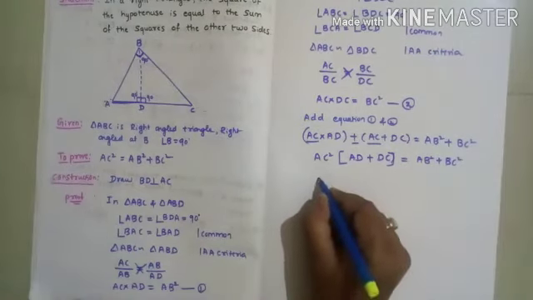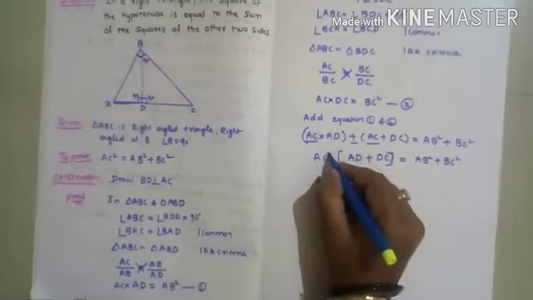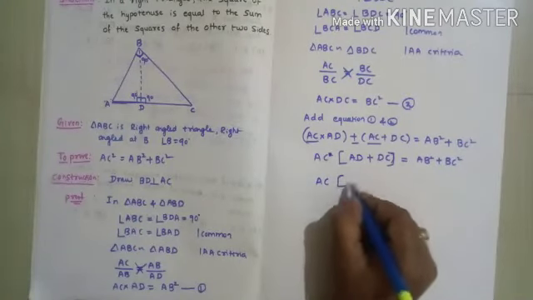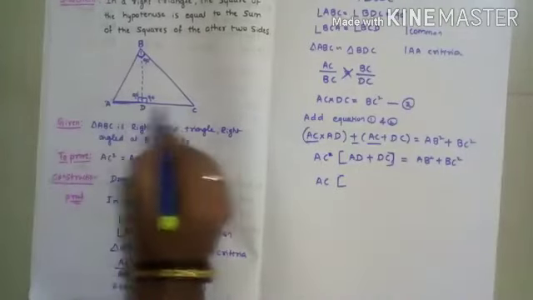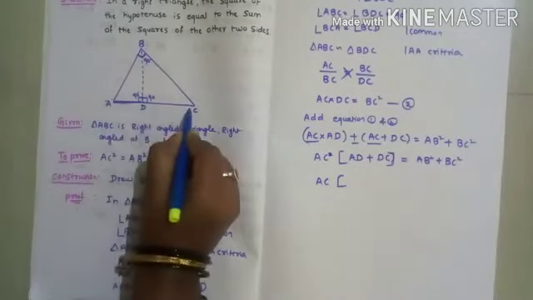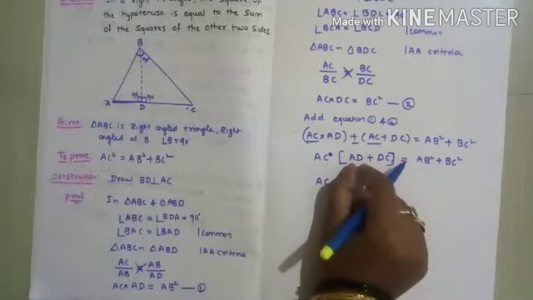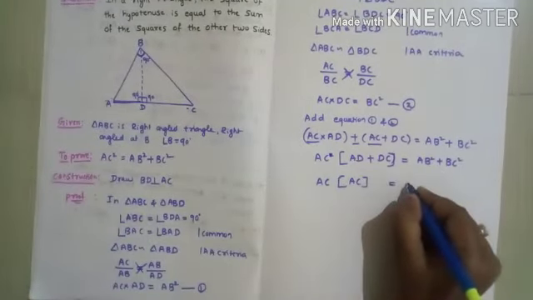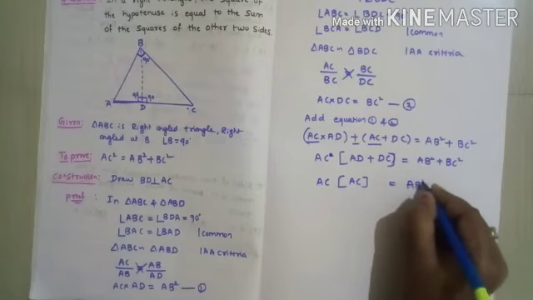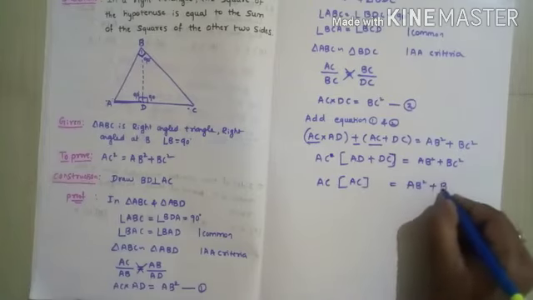Now you observe the diagram. AD plus DC means AC, so in place of AD plus DC I can write AC, is equal to AB square plus BC square.